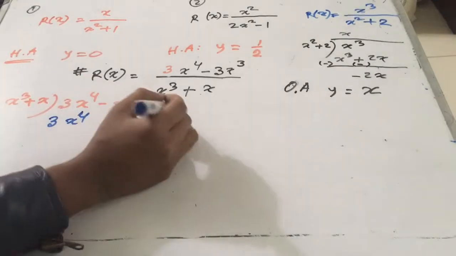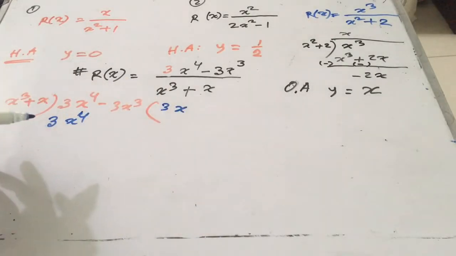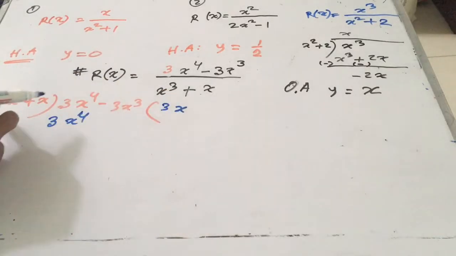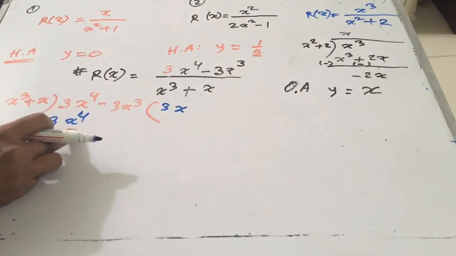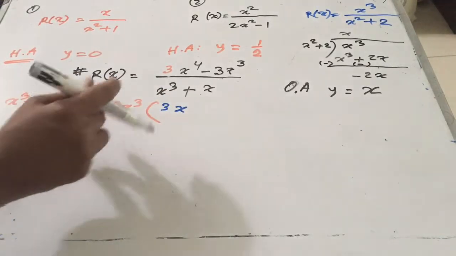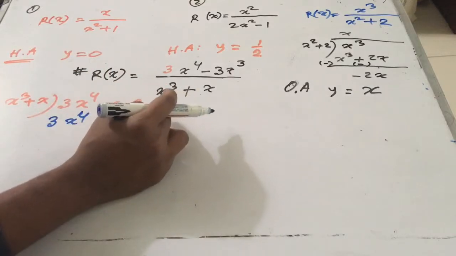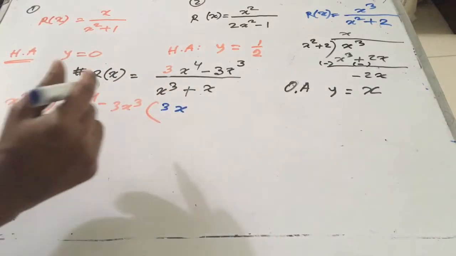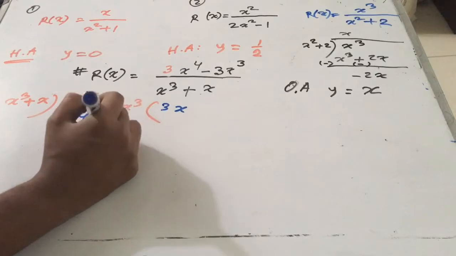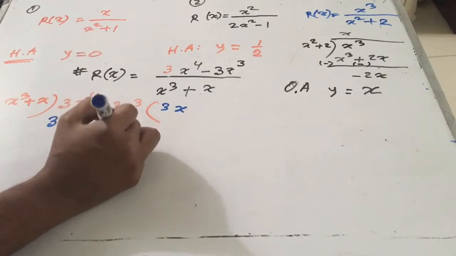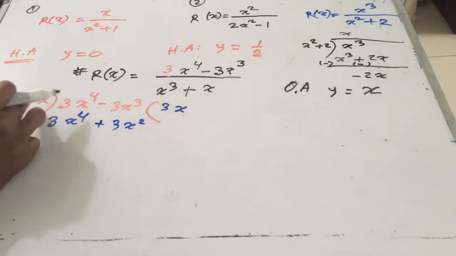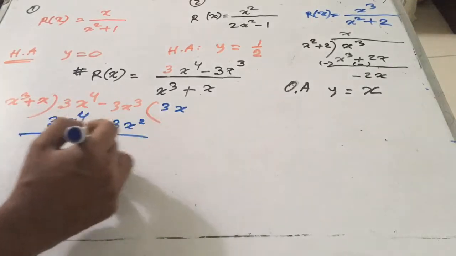No problem. So 3x into x cube equals 3x to the power 4. Then 3x into x equals plus 3x squared, because this is plus. Now subtract it.